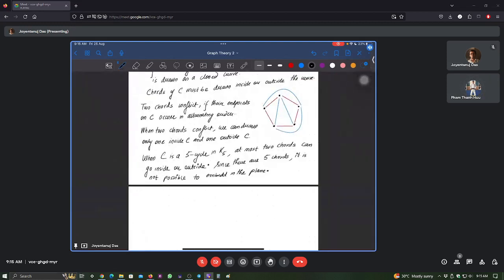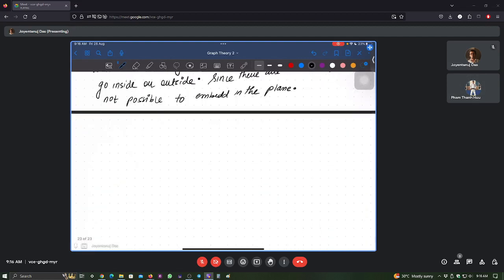Now let us see for K33. K33 has 6 vertices in total, so let us draw the curve. This is my spanning cycle.